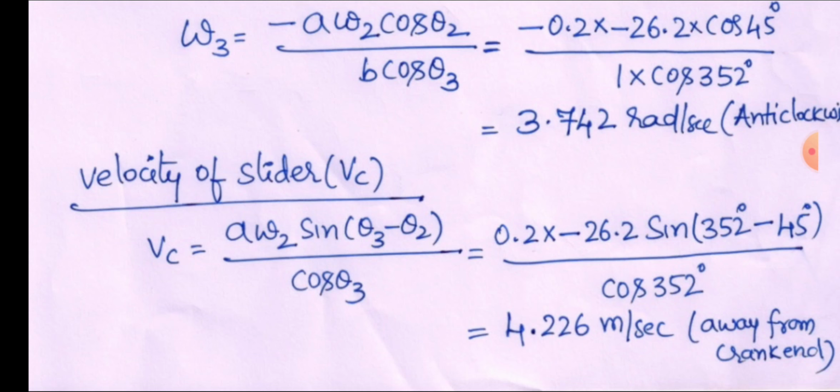We have converted the given dimensions into meters, so velocity is in meters per second, and it is positive, plus 4.2. In the bracket you write down away from the crank end, meaning the slider is moving away from the crank end, then it is positive. If I get negative, I must write towards the crank end. So velocity is to be calculated.